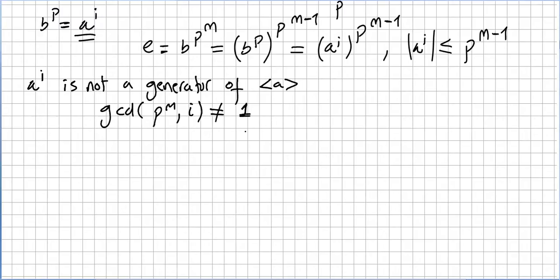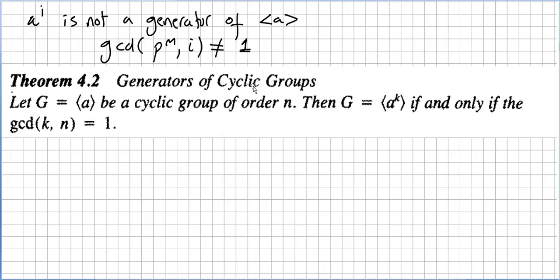Okay, what did I use here? I used this one, generators of cyclic groups. Let G be generated by an element A, be a cyclic group of order n, then G is generated by A to the power of k if and only if the greatest common divisor of k and n is 1.